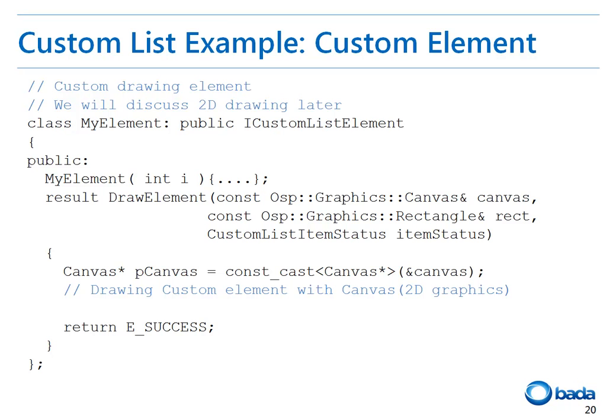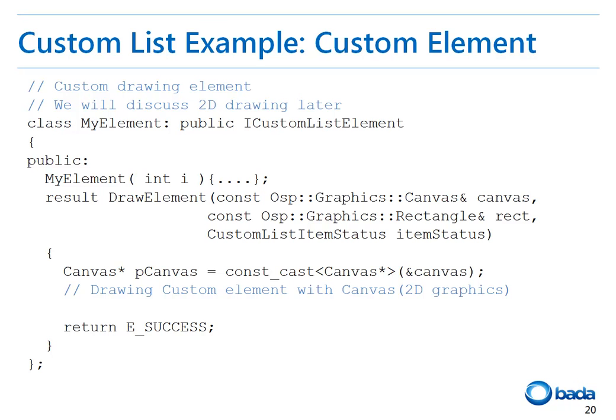The myElement class is a subclass of the iCustomListElement class, which enables the custom drawing. In this class, you can implement a custom drawing by overriding the drawElement function. This example shows the procedures to get a canvas. I'll cover the procedures to draw an object on a control using a canvas in detail later on.